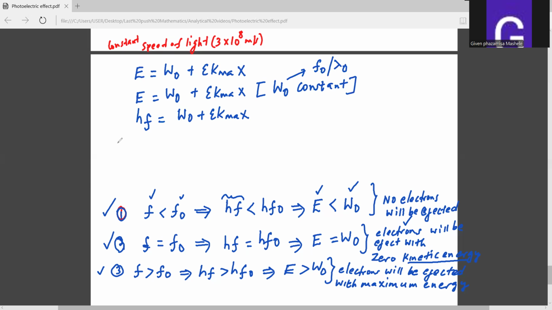So what does this mean? It means that the higher the frequency of light, and this is very important, the higher the energy of photon.